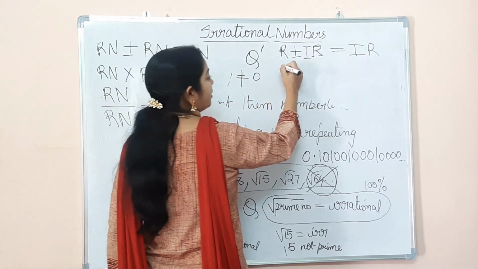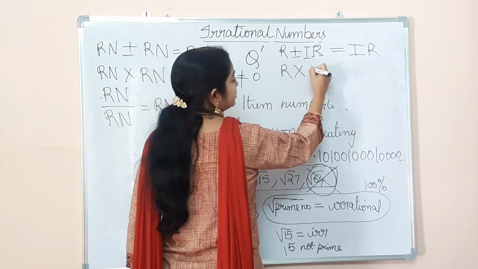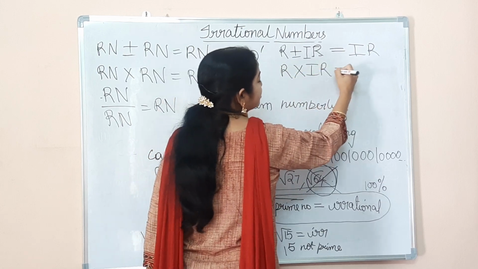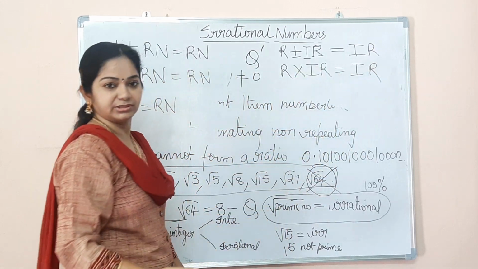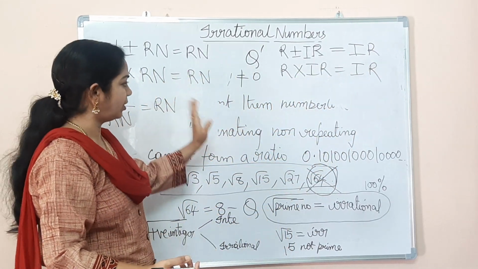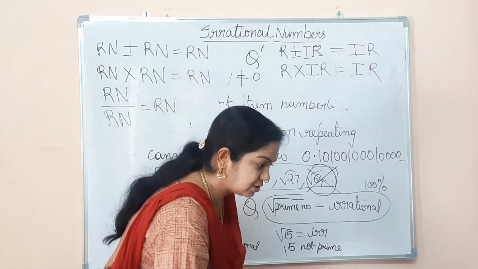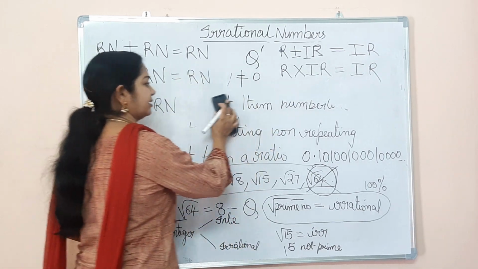When you take the product of a rational and an irrational number, it is also irrational. Likewise the quotient.